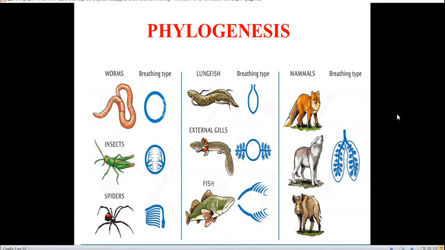Firstly is the diffuse, then tracheal, then skin, and finally the pulmonary type of breathing in different types of life.